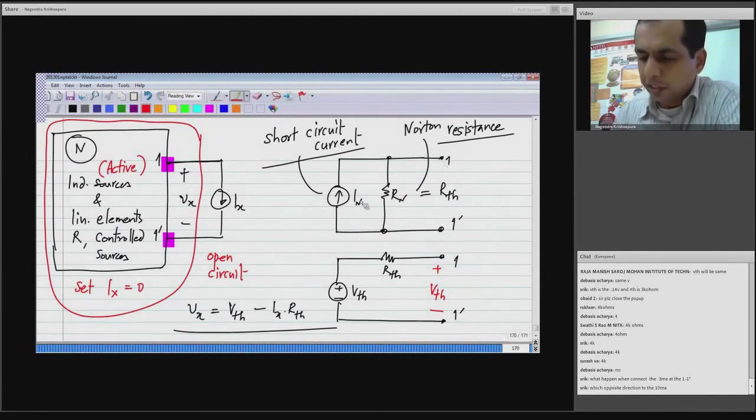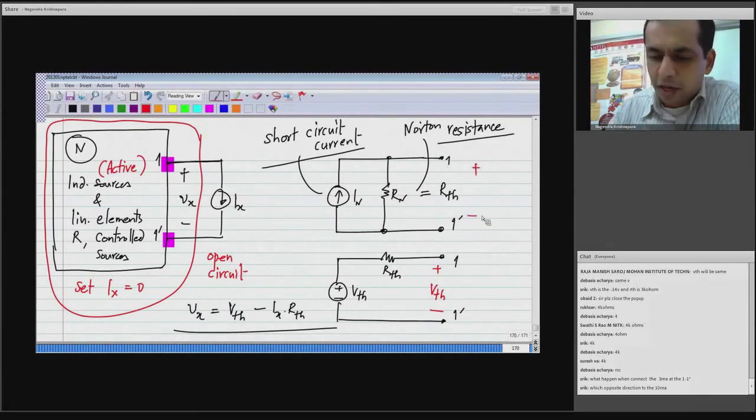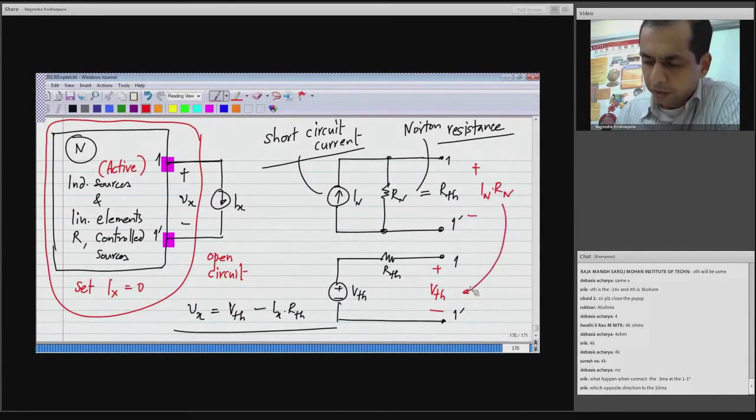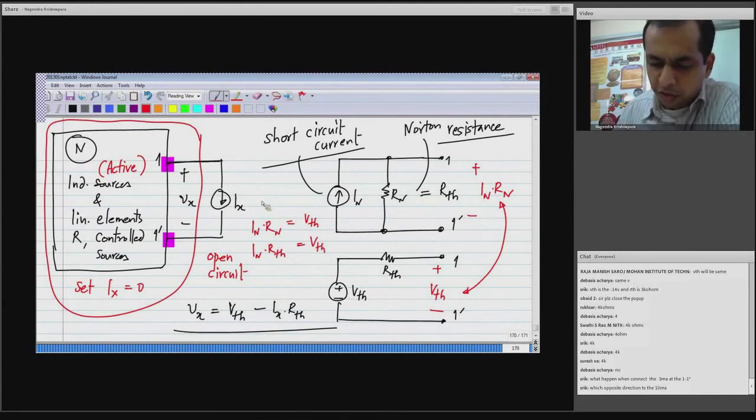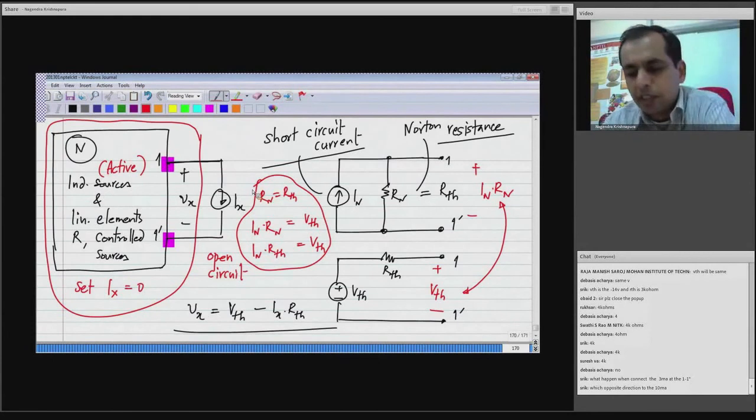Now in this case, if you open circuit 1 prime, all of this IN will flow into Rn, and the voltage that appears is IN times Rn. These two have to be equal to each other. So IN times Rn equals VTH, or IN times RTH equals VTH, and Rn and RTH are the same thing. So I hope this is clear as well.